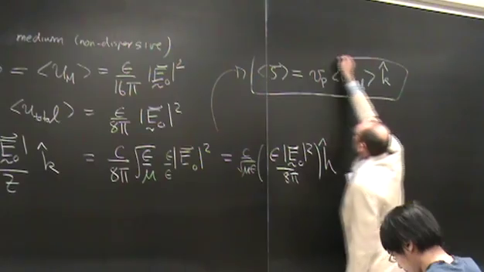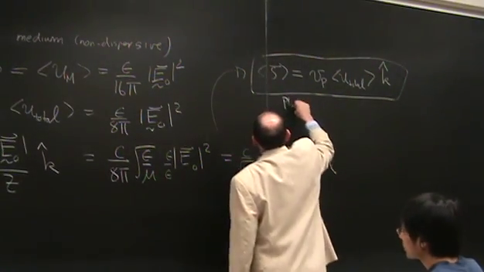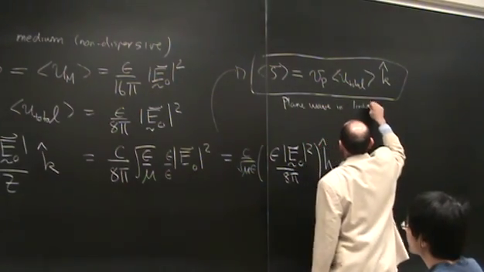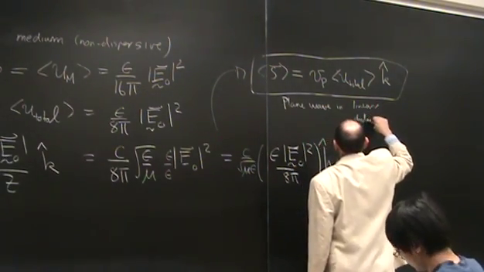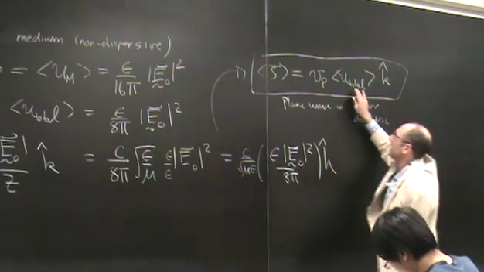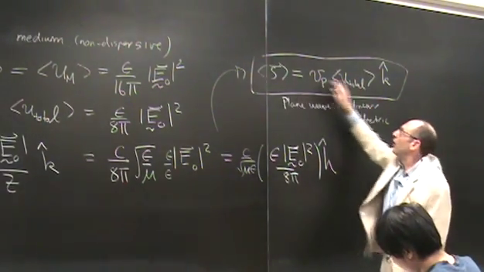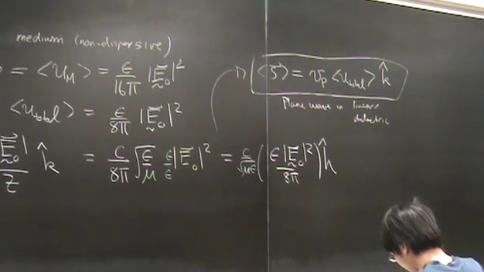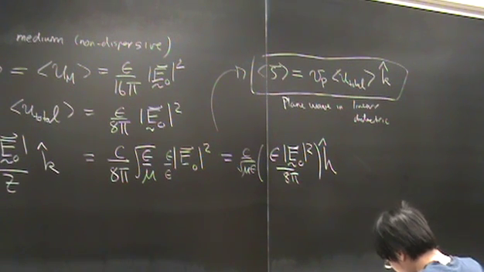So for a plane wave in a linear dielectric, this is the relationship between the time average Poynting vector and the energy density. The flow of energy is at the phase velocity for a plane wave. Okay?